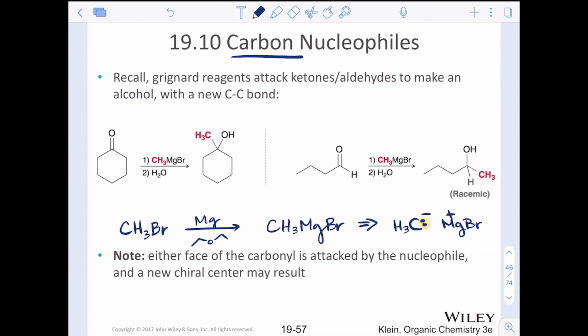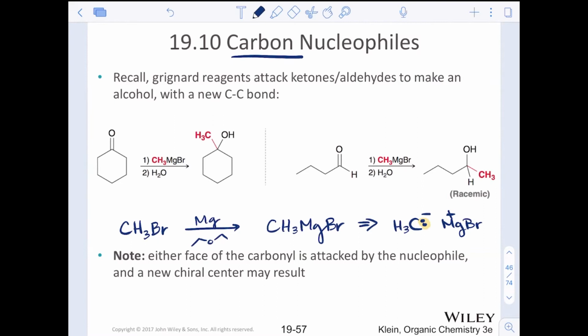It is a C-. What's great about Grignard is it can be used with any type of carbon group. It can be sp3 hybridized, sp2 hybridized, sp hybridized. So any of our sp3, sp2, or sp carbons can undergo this reaction.